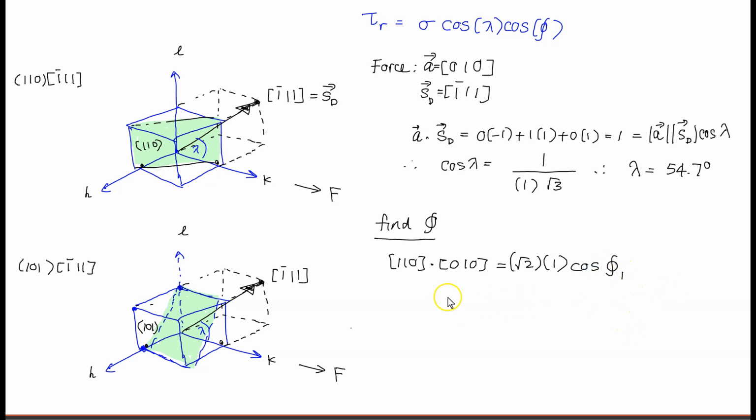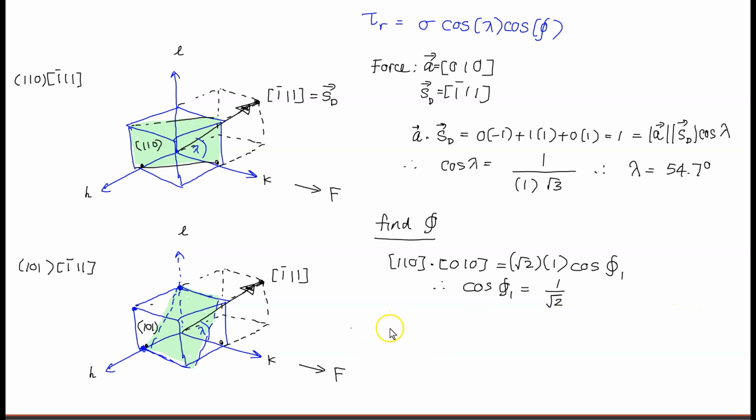Okay? So this gives us the angle between the normal to this plane here and the direction of F. So therefore, we can see that cosine phi 1 is 1 over root 2.